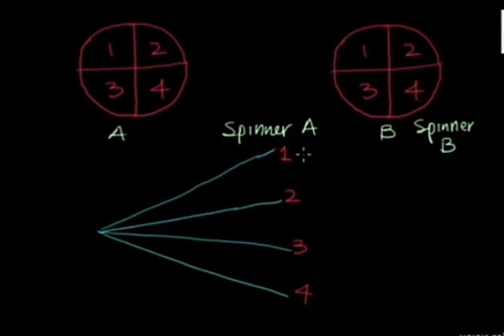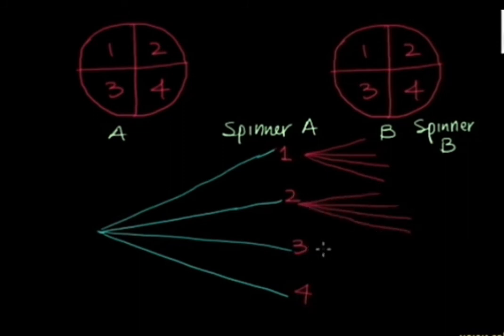For 1, if 1 is there, then the second wheel can give you either of these 4 values. Again, if 2 is there in the first wheel, the second wheel can give you either of these 4 values. In the same way, we're going to find for 3 and 4.